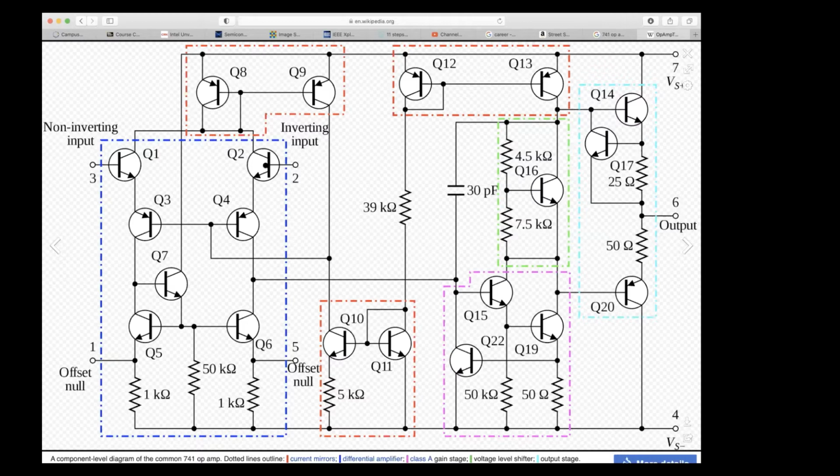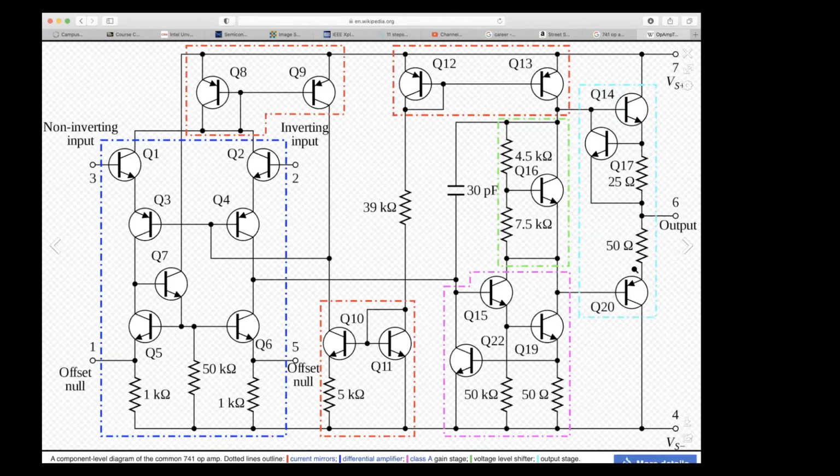Don't get too confused, there's a lot happening here, but this is an input differential pair. This is a common emitter stage. This is a high impedance output load. This is a normal out. This is a push-pull output stage.